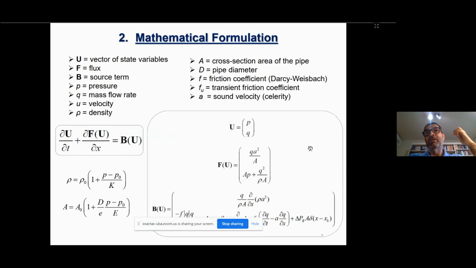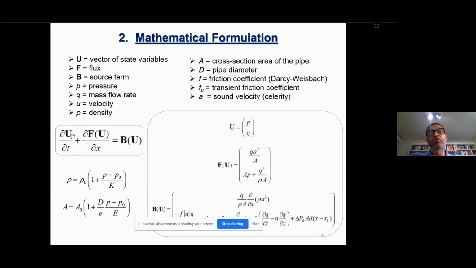The mathematical formulation for this problem takes the form of a system of two equations, and the problem is considered one-dimensional, where x is the coordinate along the pipe. So actually, the pipe can change direction, or change to a higher elevation, whatever.